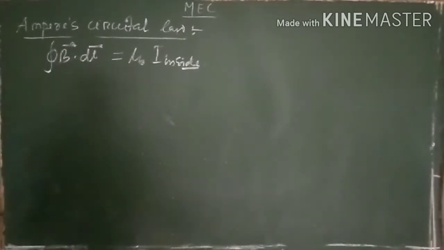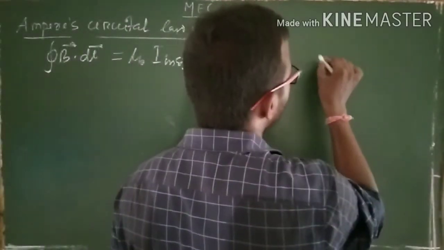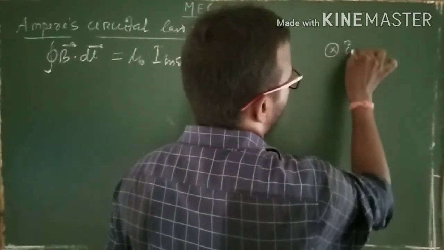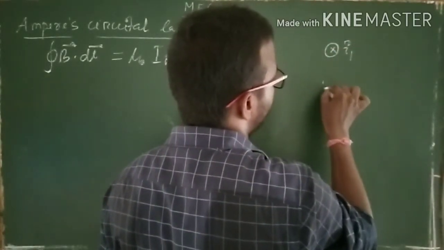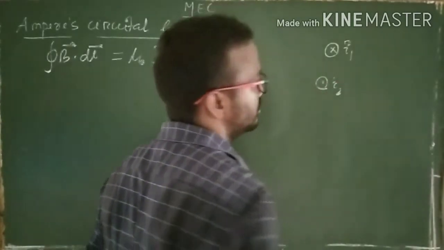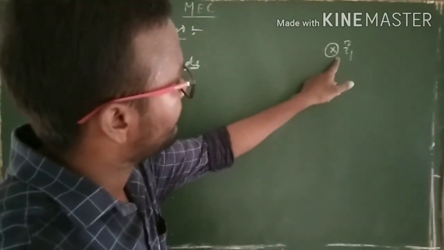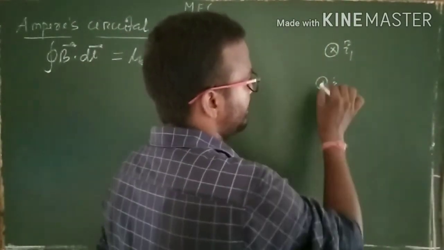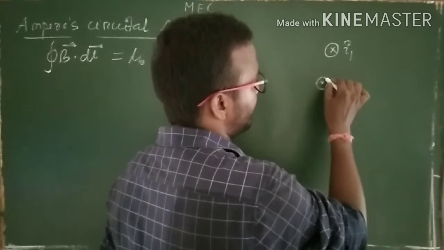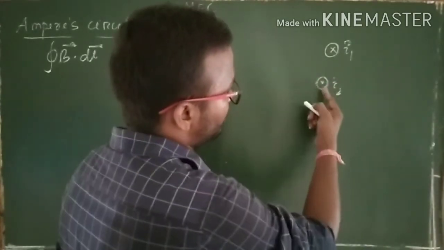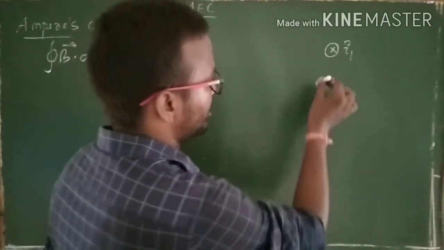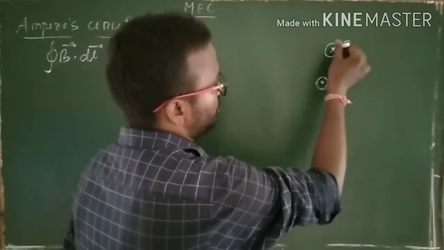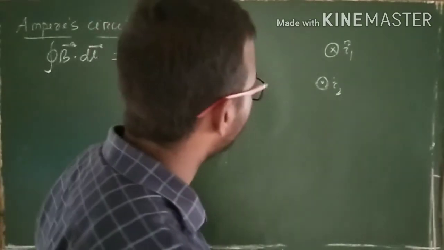So what is B? Suppose there are two types of current, I1 and another current I2. The cross indicates a current in the inward direction, perpendicular to this plane, and the point and circle indicate a current coming outward. Clear?